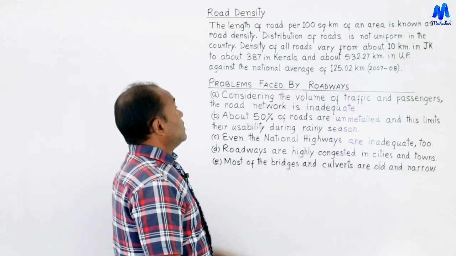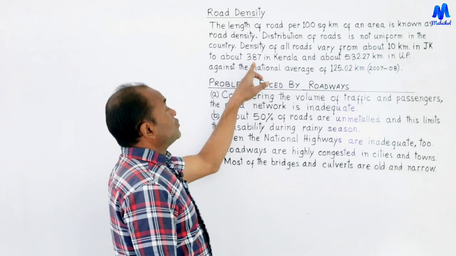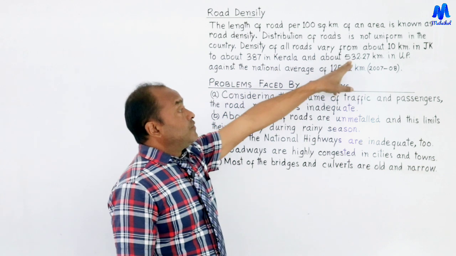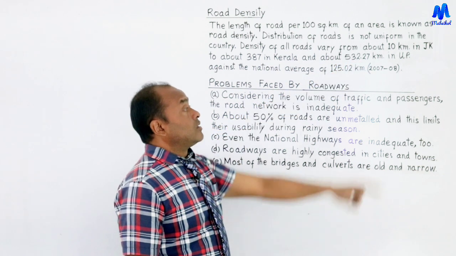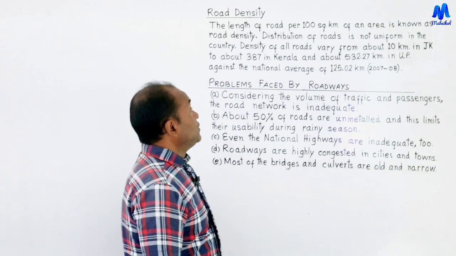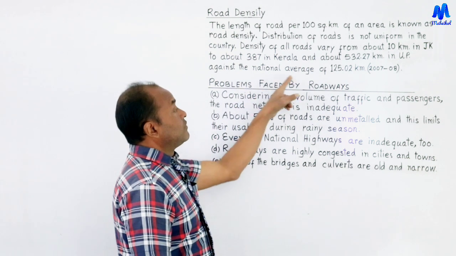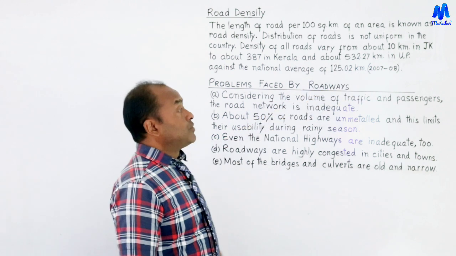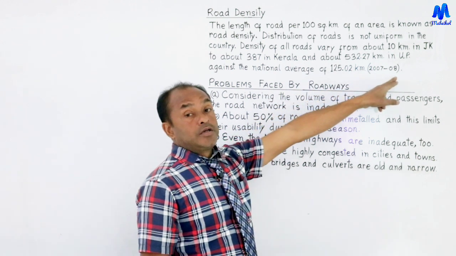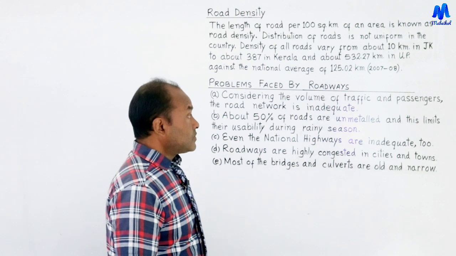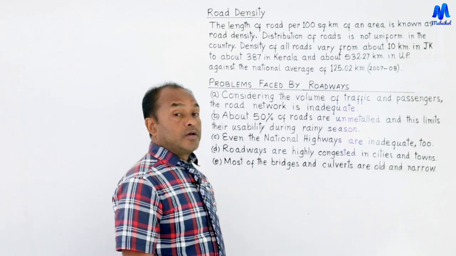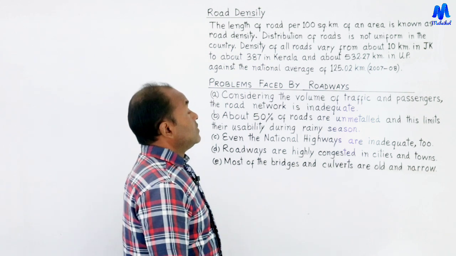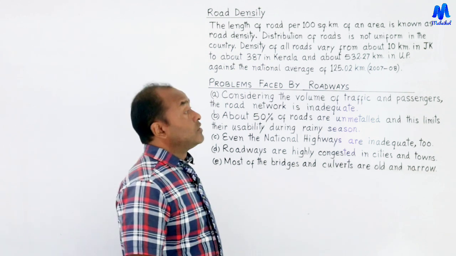It varies to about 387 in Kerala and about 532.27 kilometers in UP, against the national average of 125.02 kilometers as per 2007-08 data. So according to the data collected by the government of India, the road density in India is not uniform.